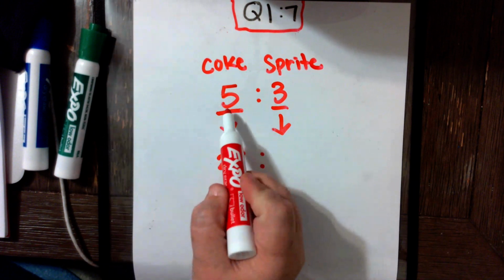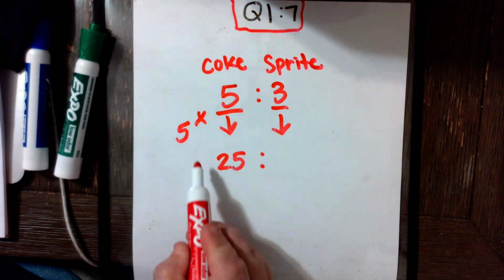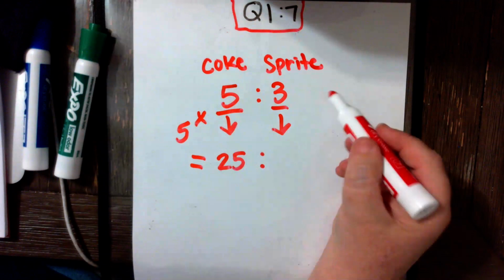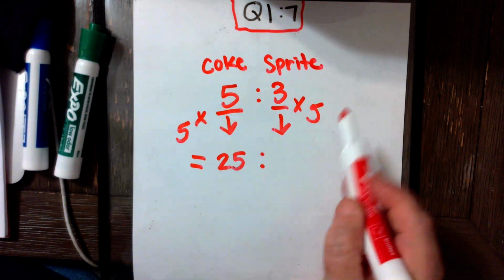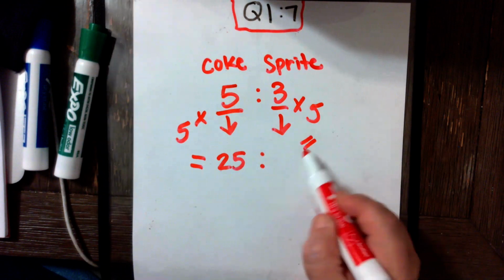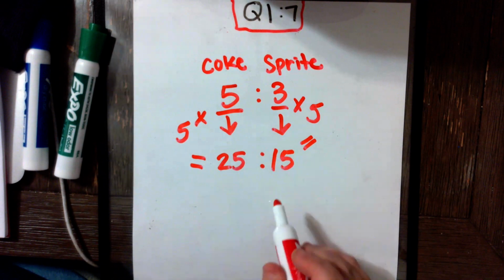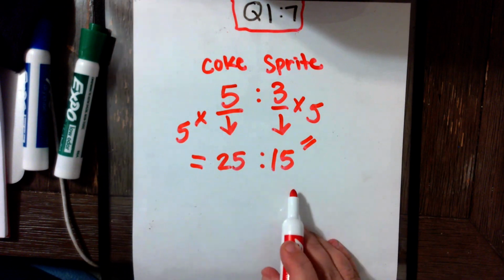So if I multiply 5 times 5, I happen to know that that equals 25. If I do it to one side of the ratio, got to do it to the other side. Okay, 3 times 5, well, that's going to give me 15. So if we end up with 25 cans of Coke, we will end up with 15 cans of Sprite.